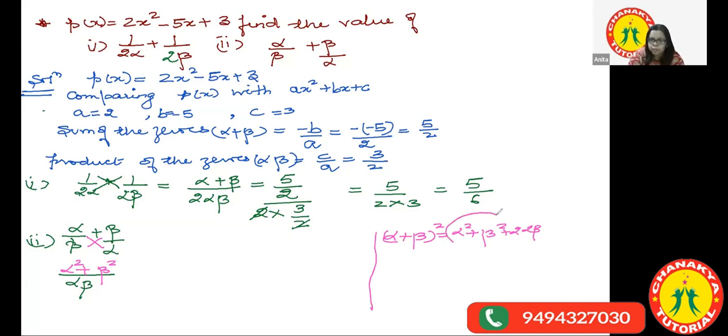We all know this identity. Now we have to find the value of alpha square plus beta square, so you will transpose this 2 alpha beta to the left hand side. So alpha square plus beta square will be equal to alpha plus beta whole square minus 2 alpha beta.